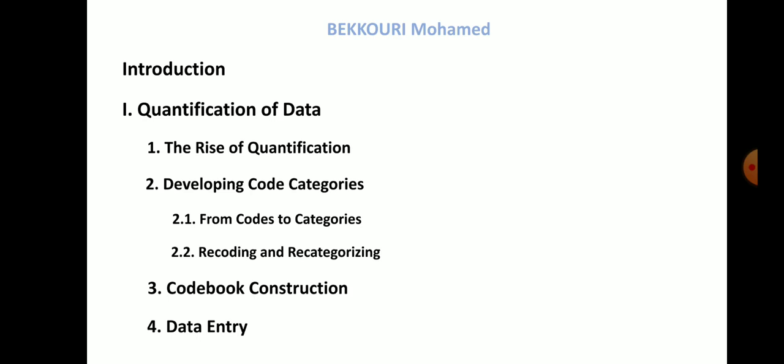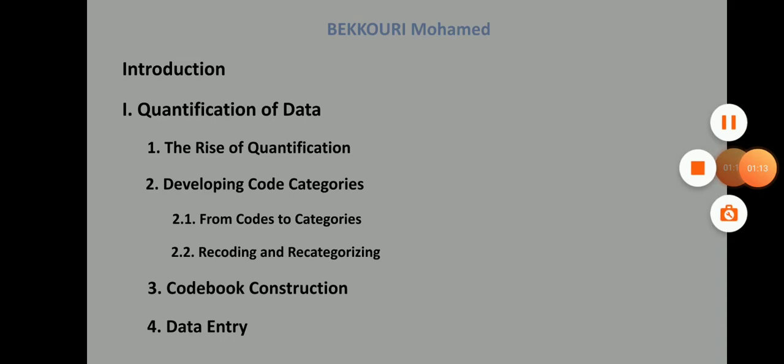In the first part of our oral presentation, we are going to talk about quantification of data, in which I will talk about the rise of quantification, developing code categories, in which I will tackle how to move from codes to categories, recoding and recategorizing. I will also talk about codebook construction, and then I will end the first part of our presentation by talking about data entry.